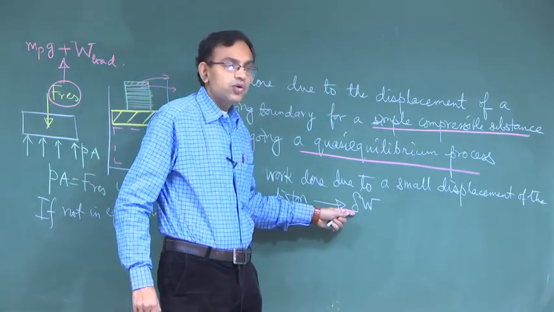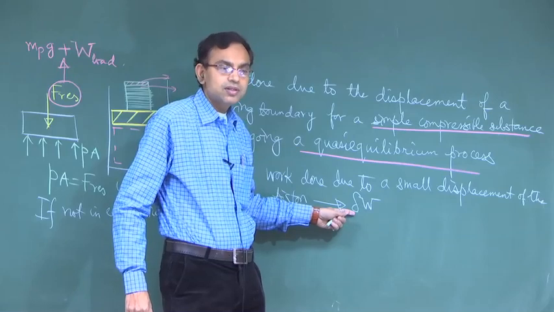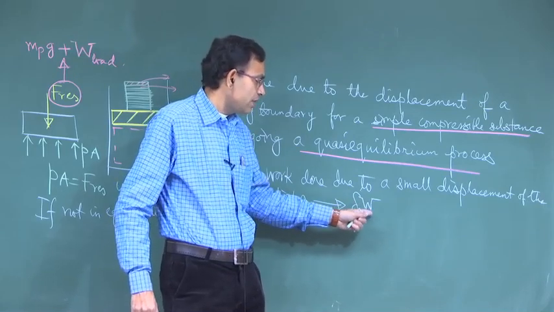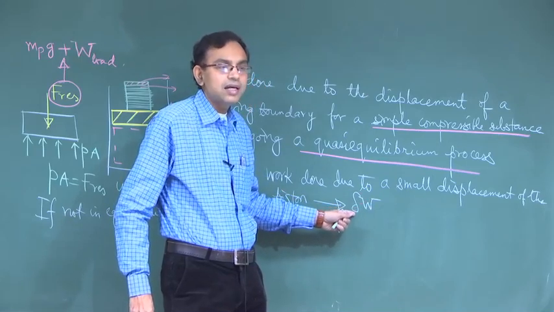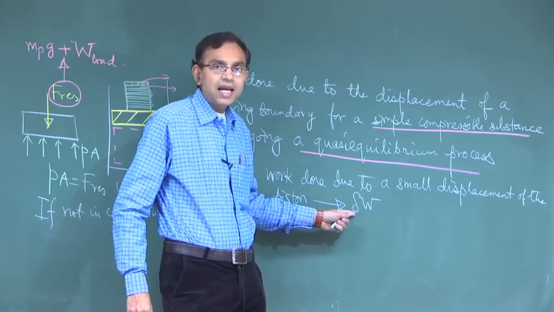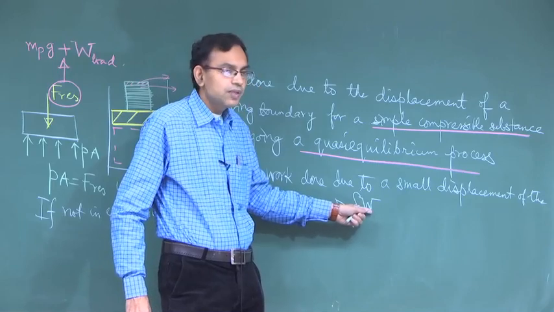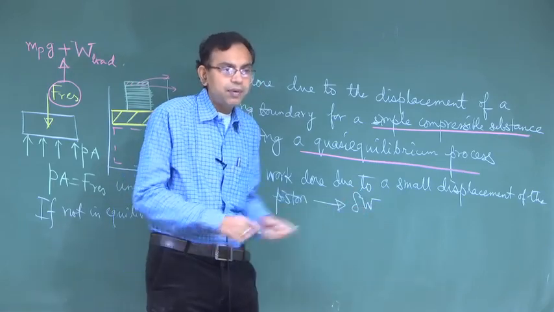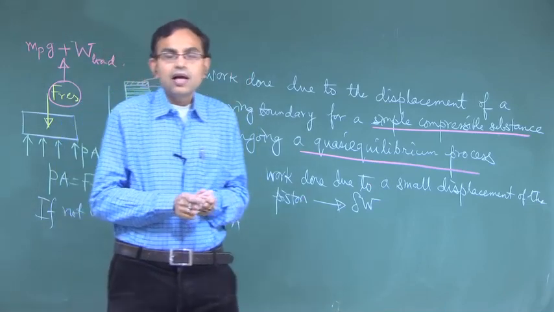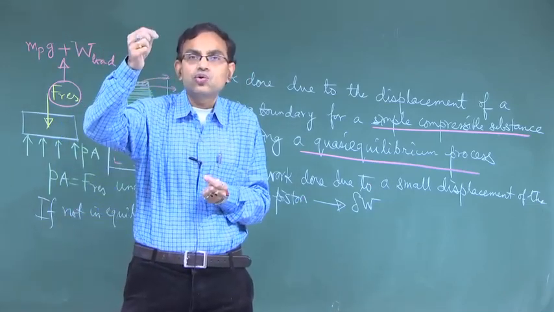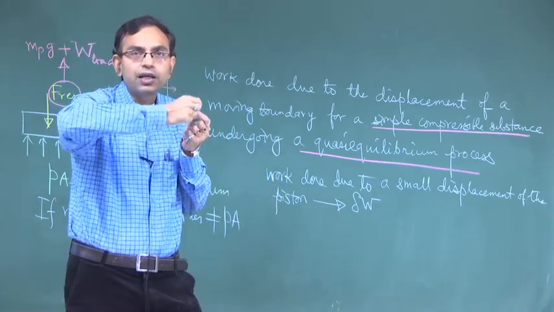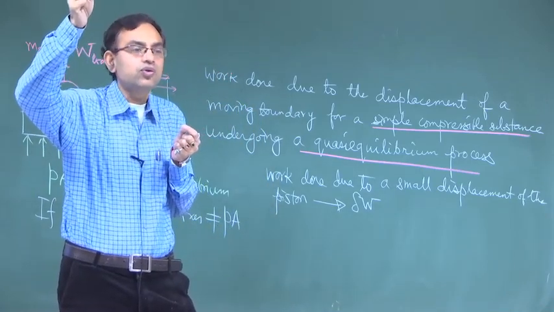This we do not write as dW. We will later on, just after some time, let you know why we do not write it as dW. When we write it as dW, it means that it is an exact differential of something. That means the work done as you go from state 1 to state 2 will just depend on the states 1 and 2, but not on the process by which you have gone from 1 to 2.